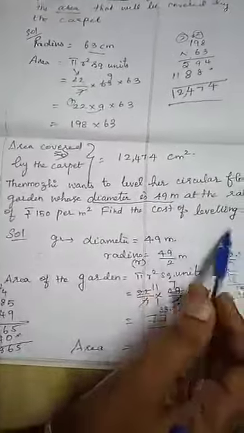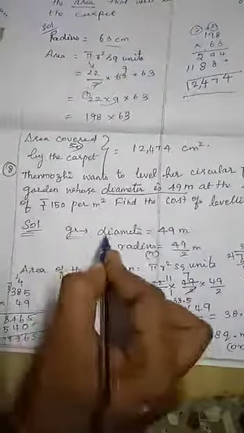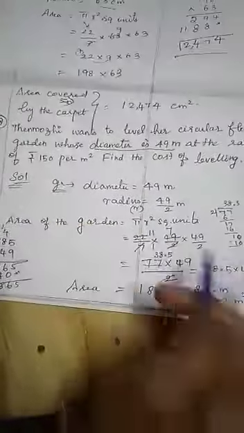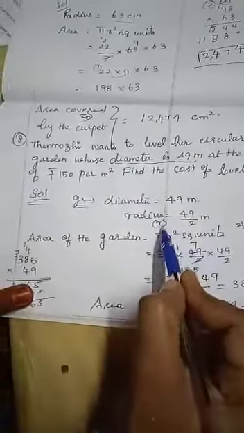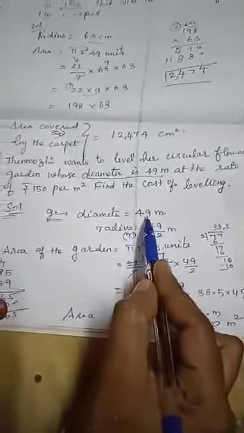Find the cost of leveling. Solution, children. What is given? Diameter 49 meters. What do we need? First find the area. We need the r value. So r value is d divided by 2, that means 49 divided by 2 meters.